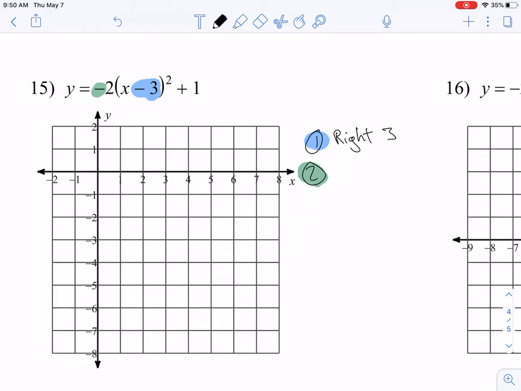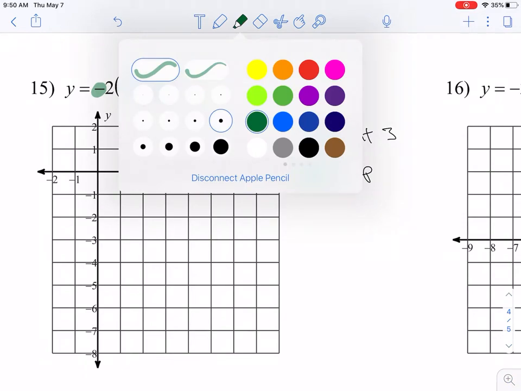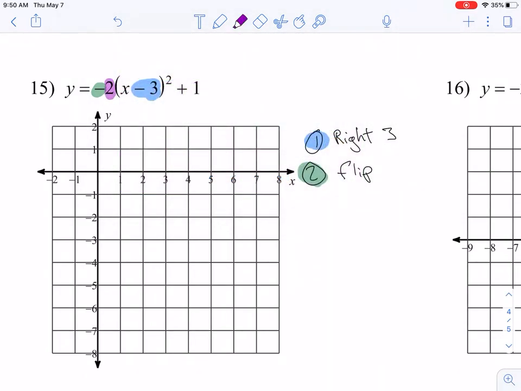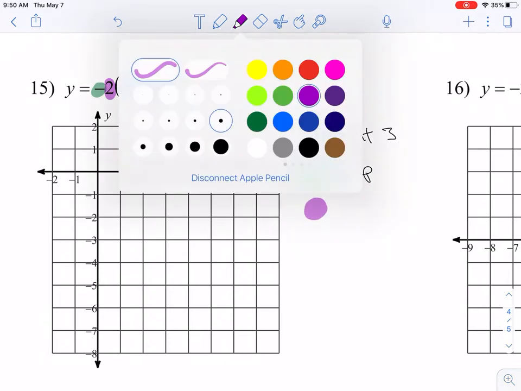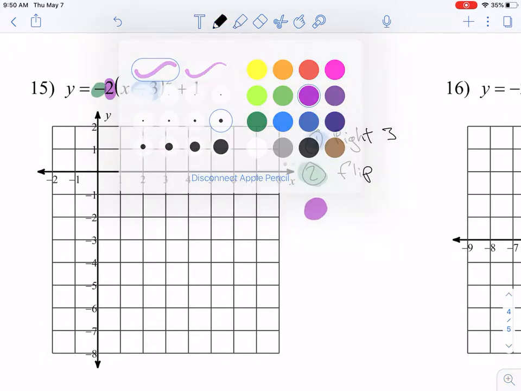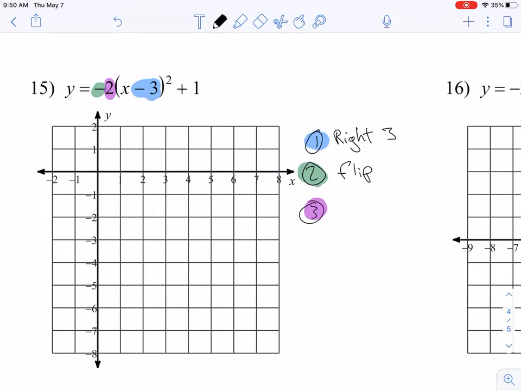That negative sign flips the whole parent function over. Our third transformation is a vertical stretch of 2. And our final transformation is that it is moving up 1.